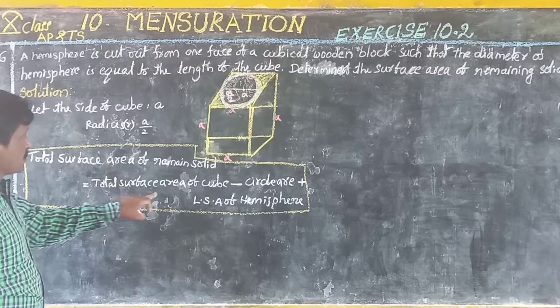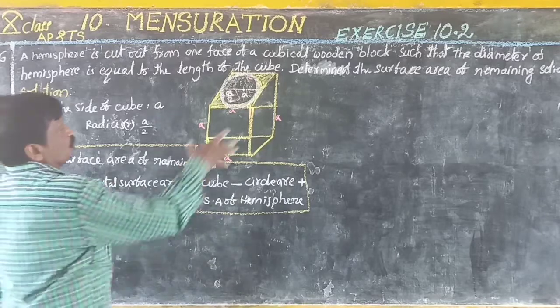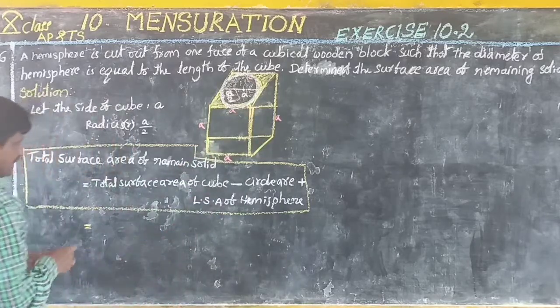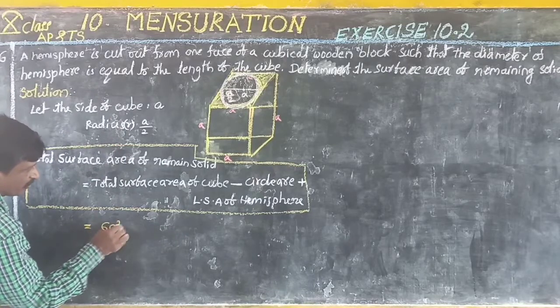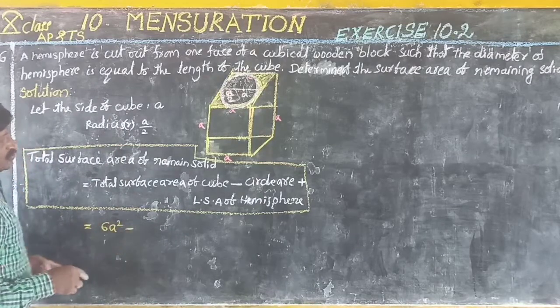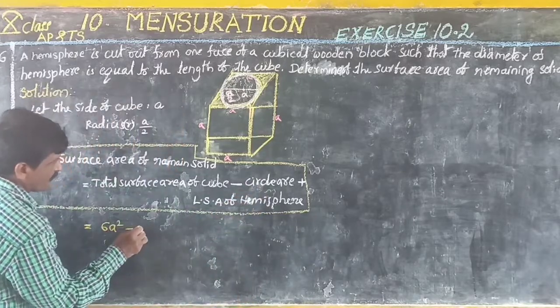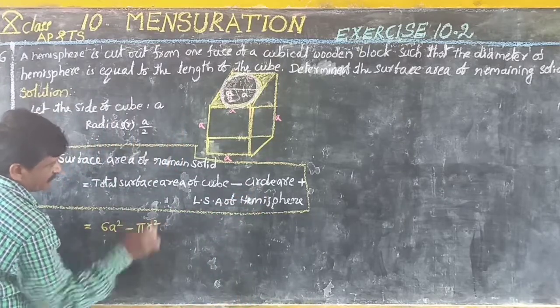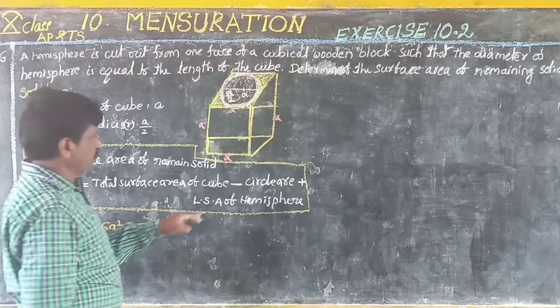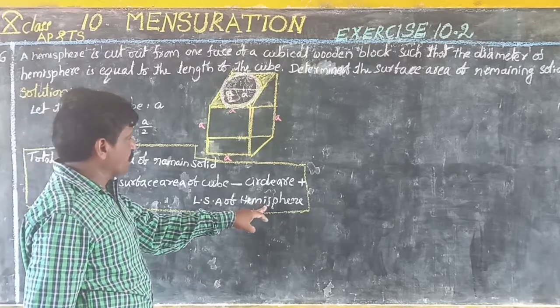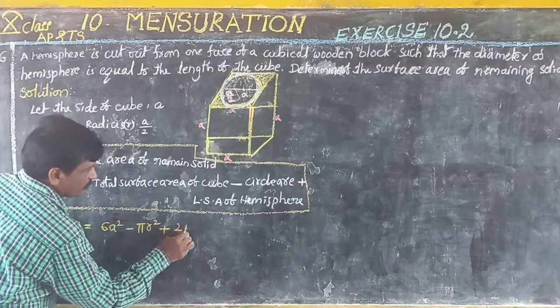So the total surface area of the cube is 6a square. Circle area is pi r square. Plus lateral surface area of hemisphere, 2 pi r square.